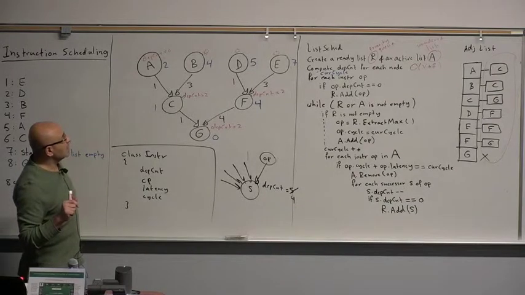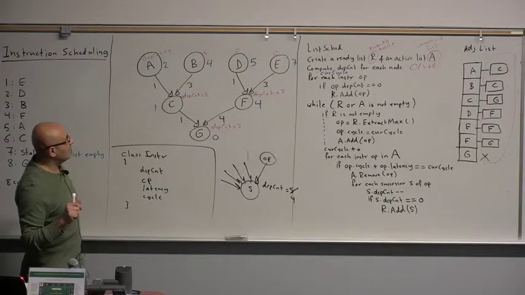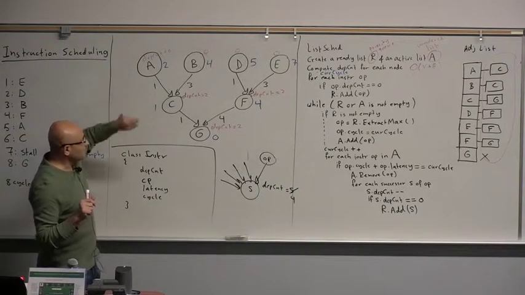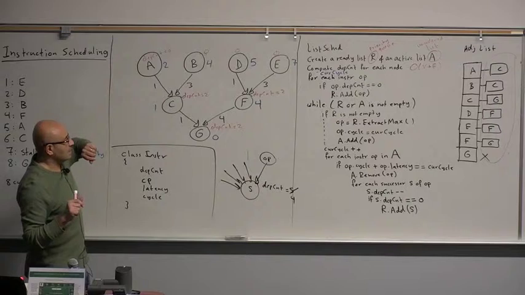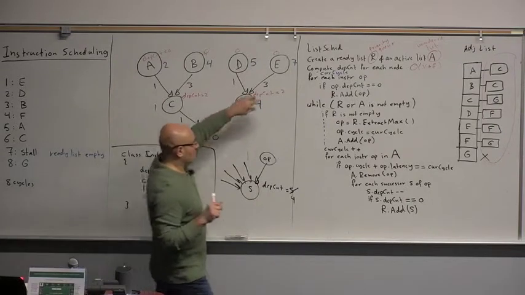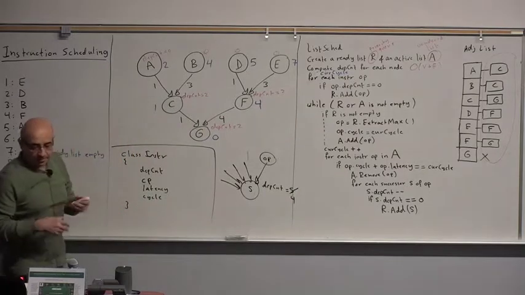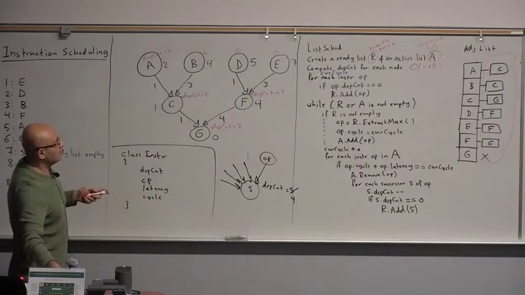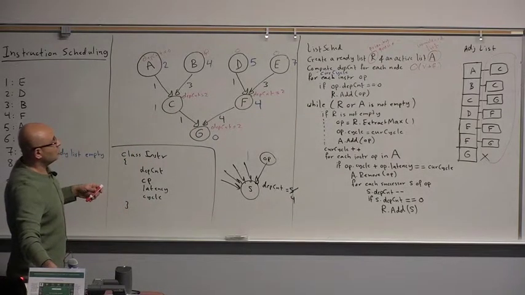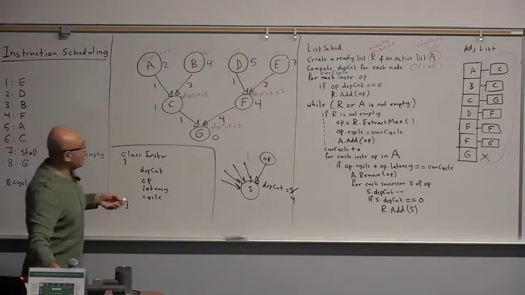Well, in fact, we didn't talk about the critical path in this case. What is missing here is: compute dependent count and critical path.